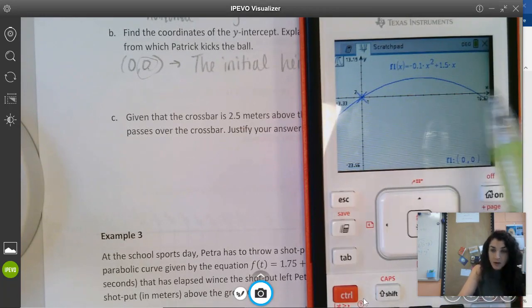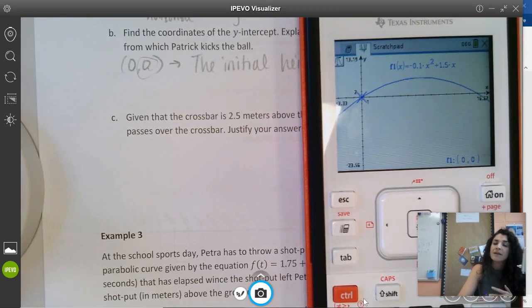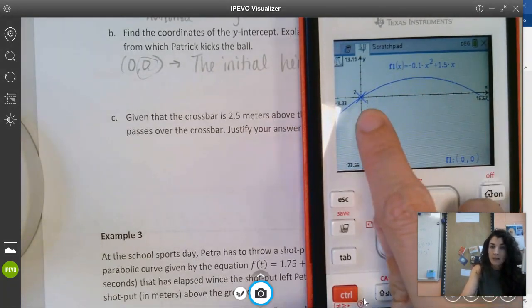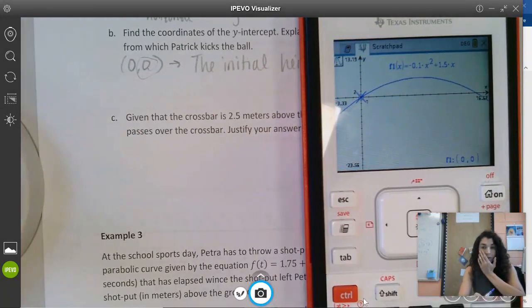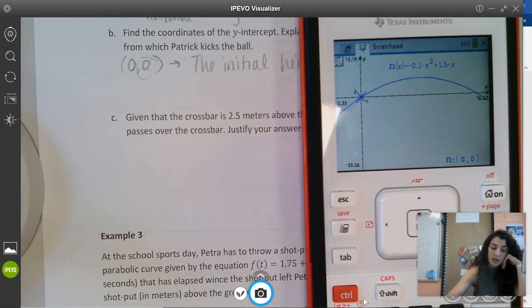Or you can say at 13, where the crossbar is, are we at 2.5? So that's what I'm going to do. I'm already tracing, right? The little x there is showing me that I'm in trace function. So I want to know what is my y value when x equals 13. So I can literally just type in 13, and here it says x equals 13. I press enter, and it tells me what the y value is at 13.